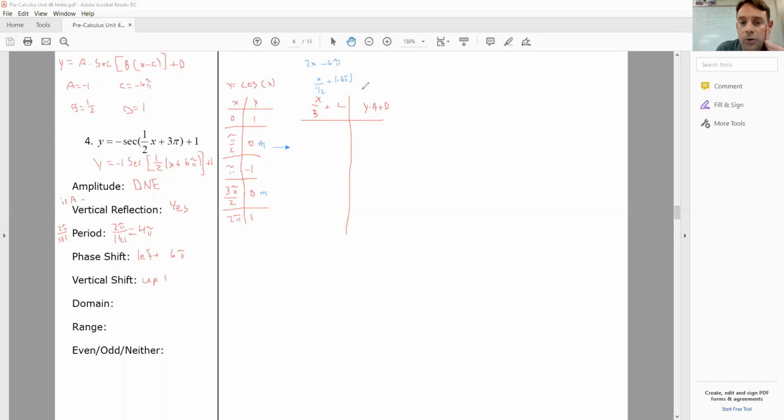My a is -1, so y times -1 plus d, so plus 1. Now, these actually are going to be halfway decent little numbers to deal with here. 0 times 2 would be 0. Minus 6 pi, that'll be a negative 6 pi here, friends. Pi over 2 times 2 is pi minus 6 pi, so that's negative 5 pi. And if I keep going through here, I'm going to get negative 4 pi.